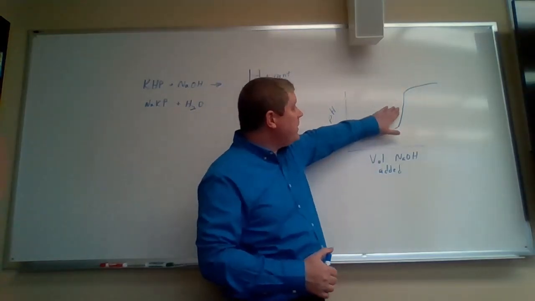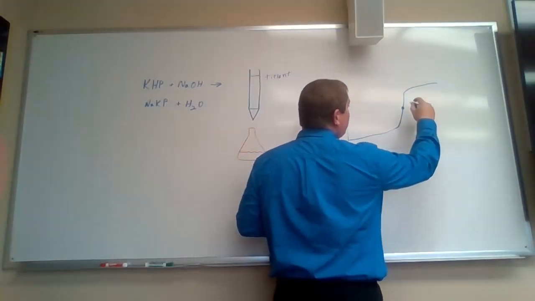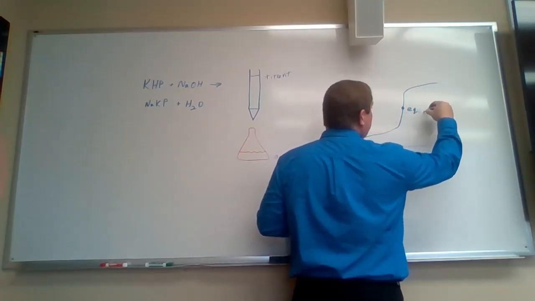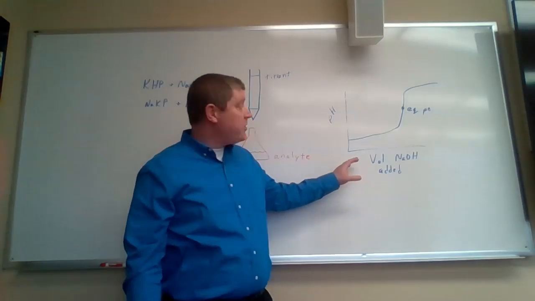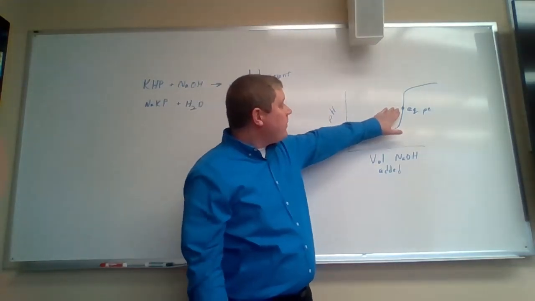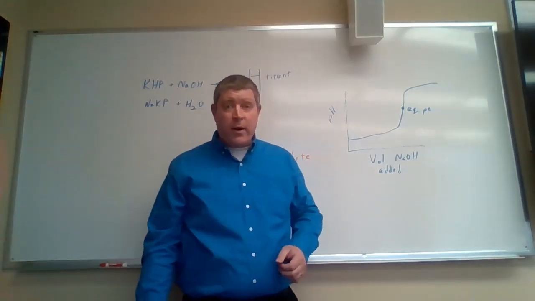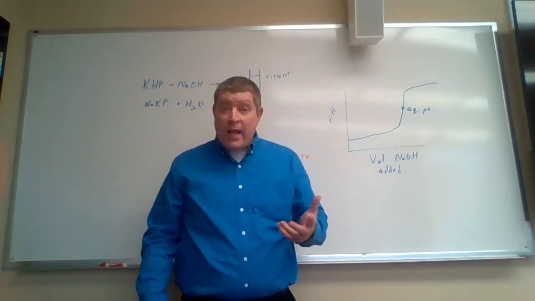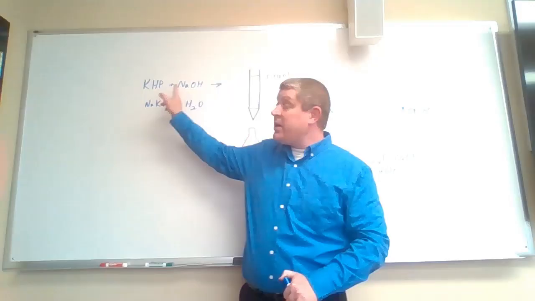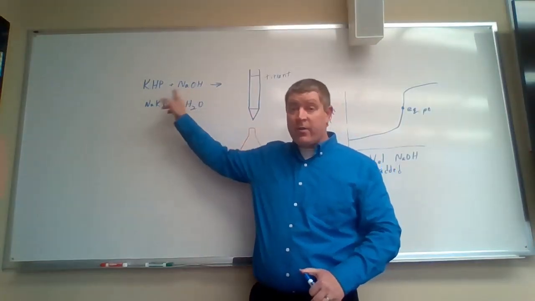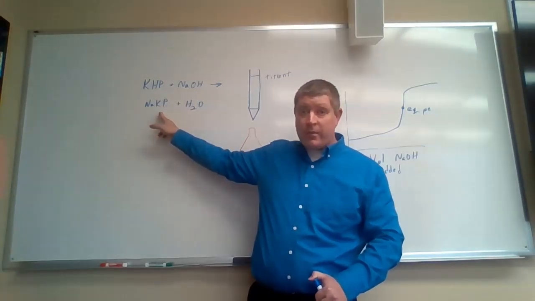So some point in here is the equivalence point. I'm going to call it this point here, equivalence point. If we look at our titration curve, we have our equivalence point, and past that, if we continue adding more sodium hydroxide, well, at the equivalence point, we've added exactly equal quantities of KHP and sodium hydroxide. We have none of either of them left, but we have some sodium potassium phthalate.